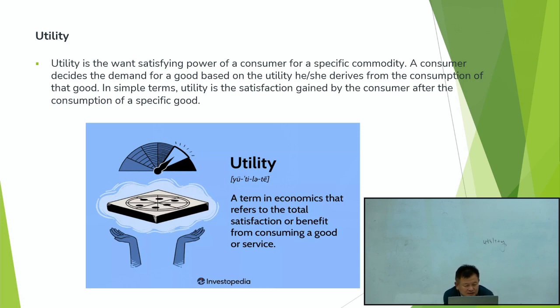A consumer decides the demand for a good based on the utility he or she derives from the consumption of the good. So if I use goods and services, how do I feel, or how satisfied am I? In simple terms, utility is the satisfaction gained by the consumer after the consumption of specific goods or services.